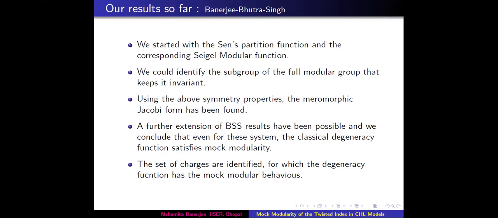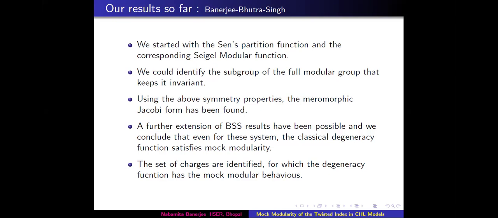That statement is not correct. So there are further constraints on the system for which this is going to be true. What remains is a set of isolated charge vectors for which this does not hold. For most of it holds, but there are some for which it does not hold.